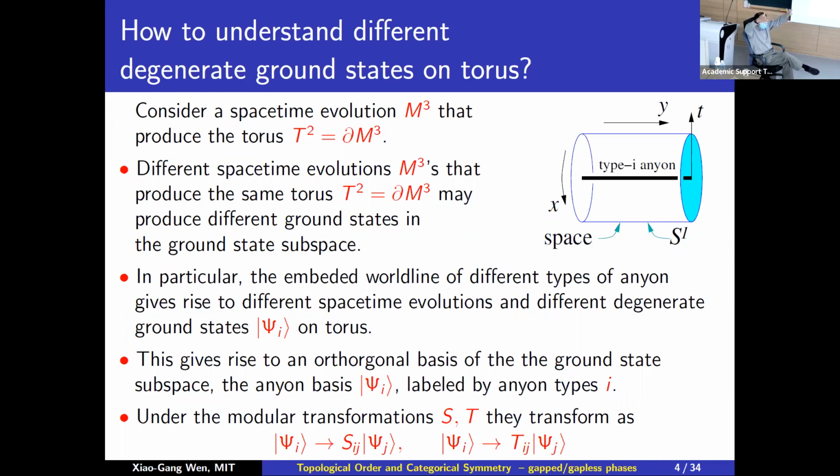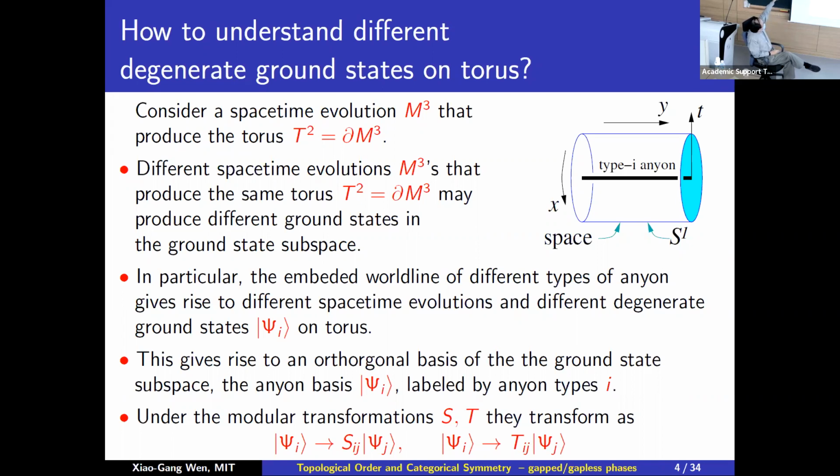Then we think of the space-time as a solid torus, so the past history is inside the torus. This blue one is the solid torus, the space-time, and the radial direction is time. Usually if you evolve our system, we get a particular state on the boundary, which we call the identity state.